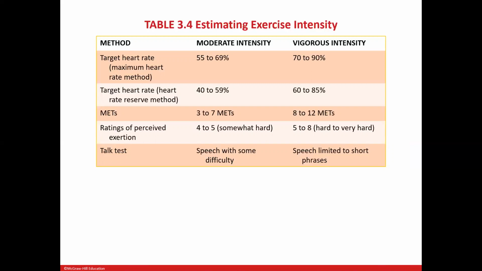For moderate intensity exercise, you need 3 to 7 METs, or for vigorous 8 to 12 METs. RPE should be 4 to 5 for moderate and 5 to 8 for vigorous. And of course, for the talk test, for moderate you should have some difficulty, but still be able to talk. And for vigorous, you're not able to say any phrases. You can just say okay, not okay.